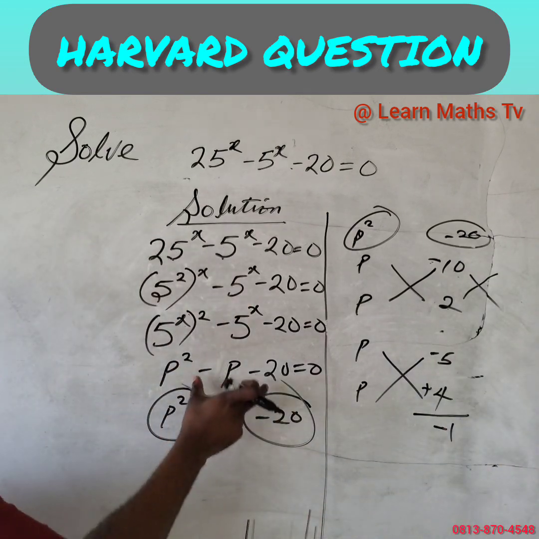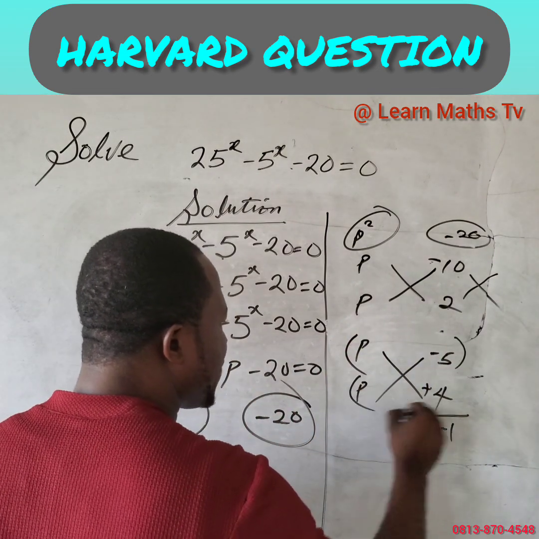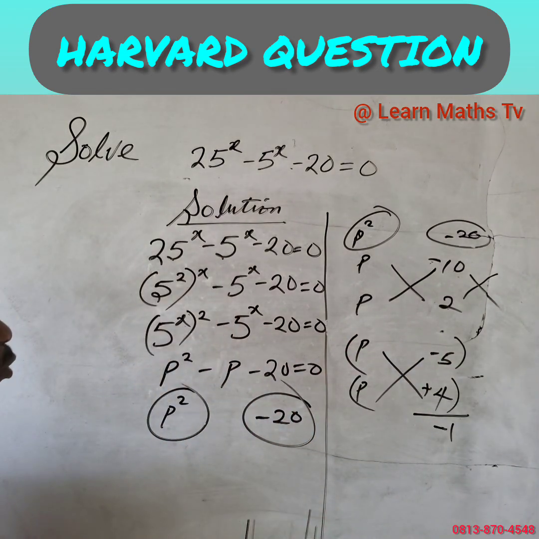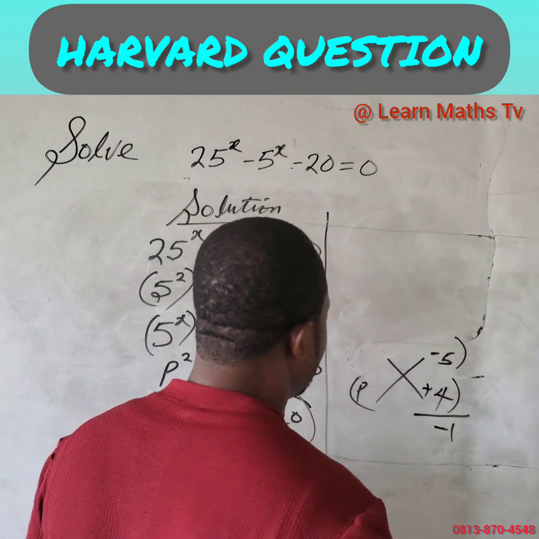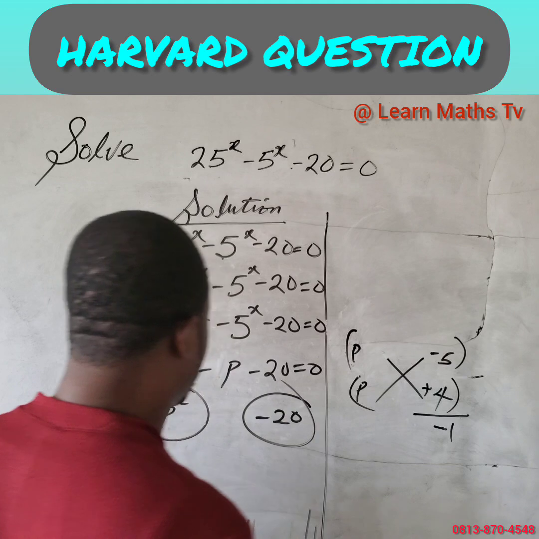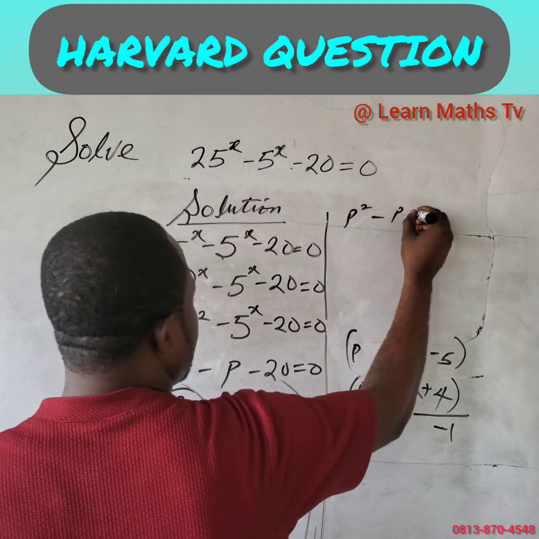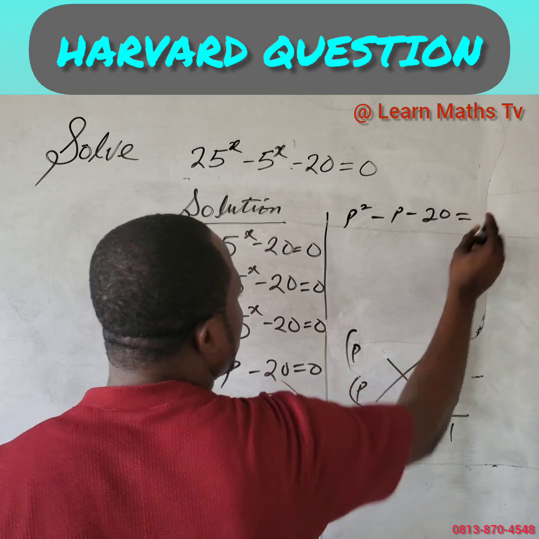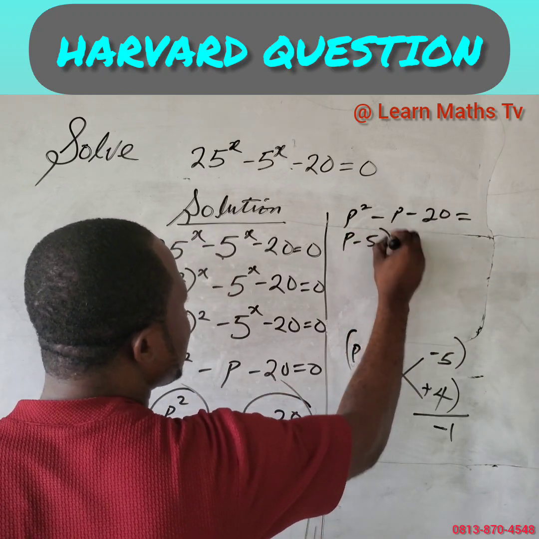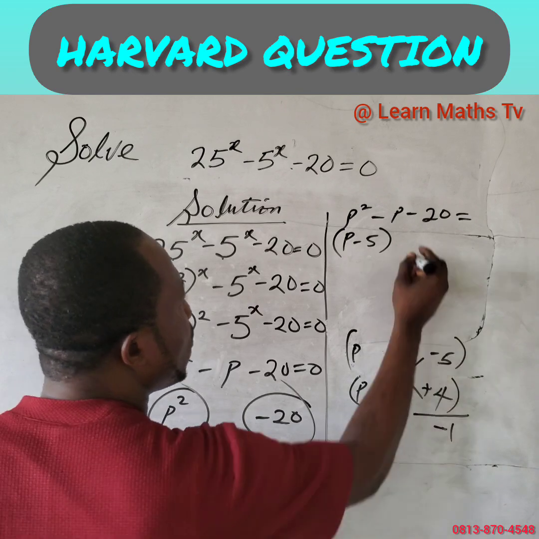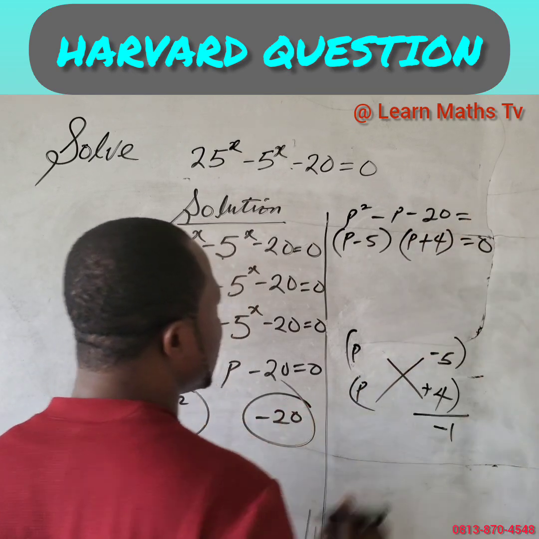So it means that if we factorize this, what we'll be getting is p minus 5 and p plus 4. So p squared minus p minus 20 is equal to p minus 5 times p plus 4.